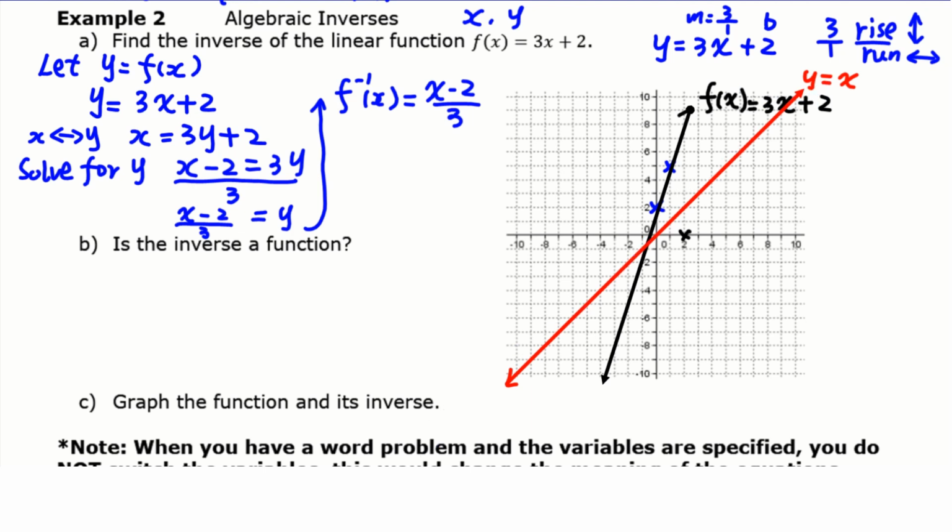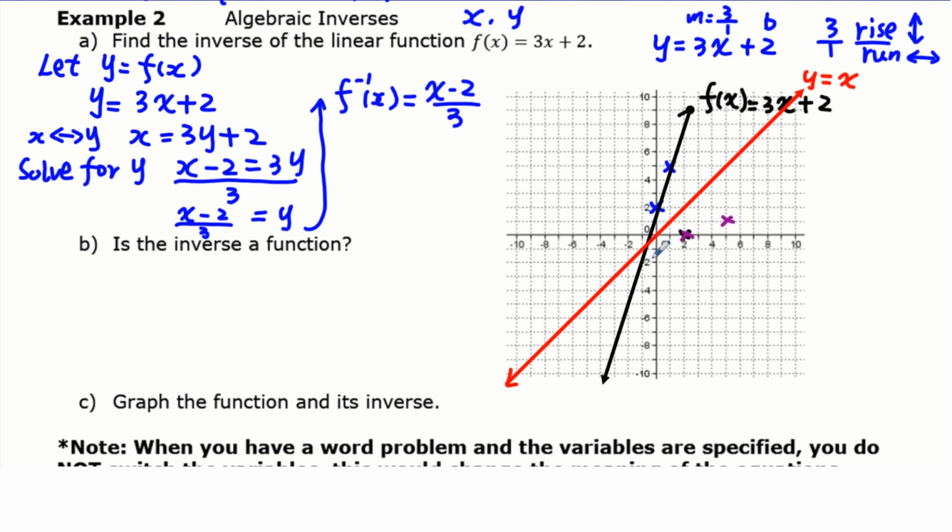So in order to graph the inverse function, we could just exchange the x and y for the points. So 0, 2 becomes 2, 0, and 1, 5 becomes 5, 1.